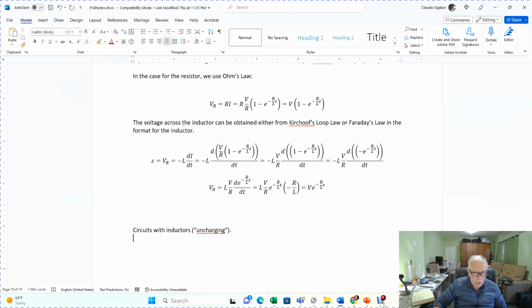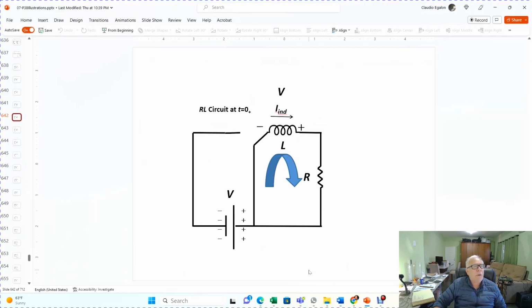In order to uncharge the inductor, we have this situation right in here. First, we charge the inductor. We produce an electric potential difference. And then we use a switch to uncharge the inductor. Remember, we're doing that just like we did for the capacitor. Let's do the math.